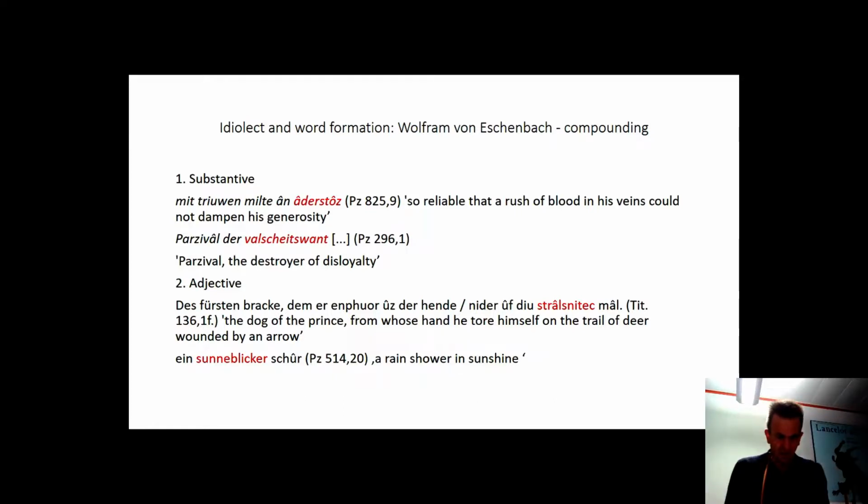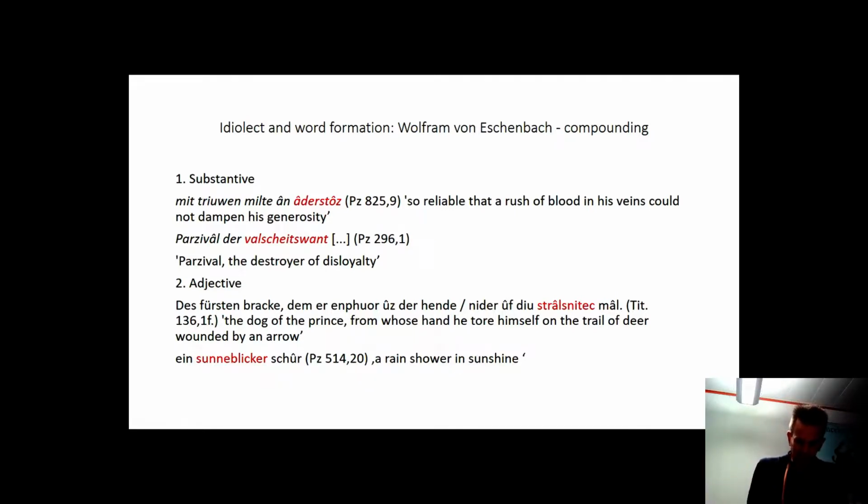The economy of the compositional process can be shown in the analysis of Wolfram's adjective formation Strahlsnittig. Third example from the titular fragment. Formally, it is a combination of the substantive strahl, arrow, and the adjective snittig, cut, past participle or wounded, which could be paraphrased by saying wounded by an arrow.